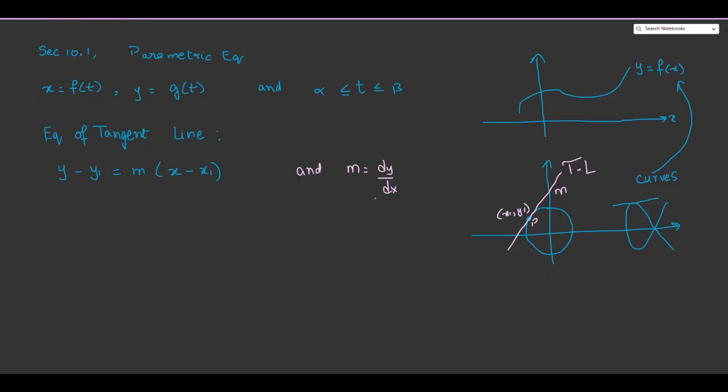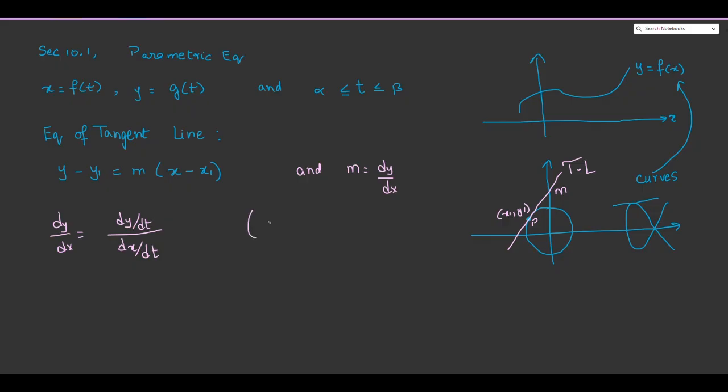So the equation of the tangent line is given by this. dy by dx is given by dy by dt divided by dx by dt. When we substitute these derivatives here, we get dy by dx.